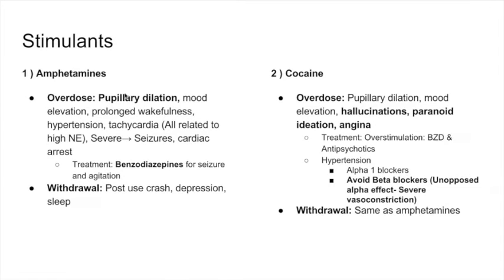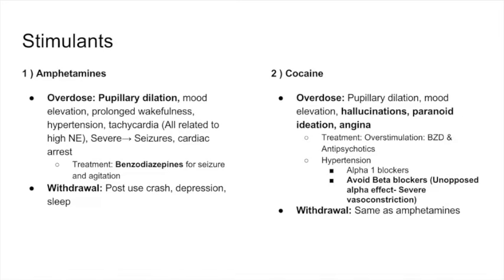They have prolonged wakefulness, mood elevation, hypertension because of the norepinephrine, and tachycardia. All of this is because of high norepinephrine. You also get pupillary dilation, because norepinephrine gets released and goes to the sympathetic receptors. You can review the physiology of the eye, but it causes dilation of the pupils.